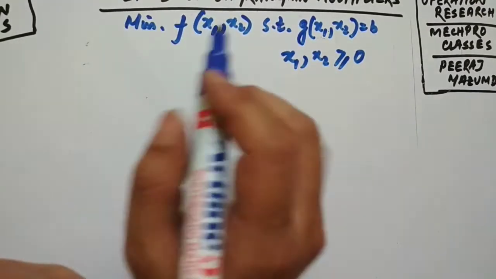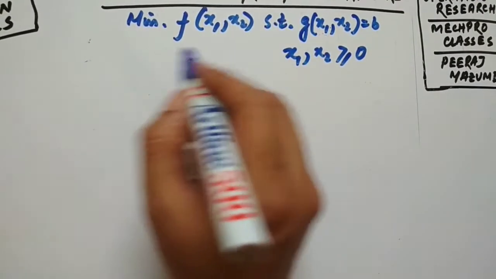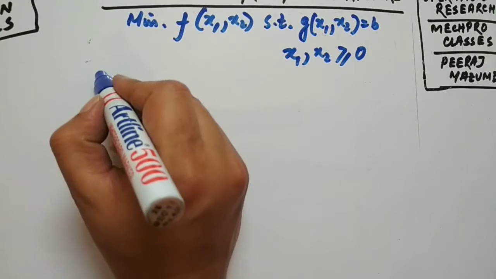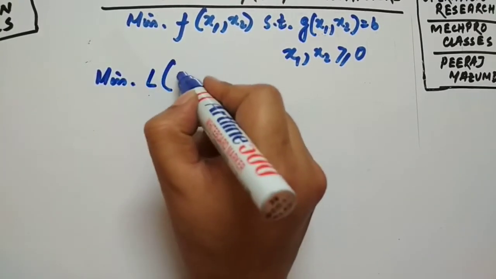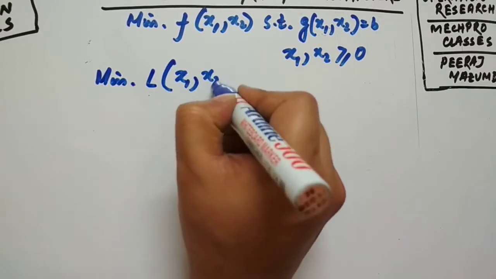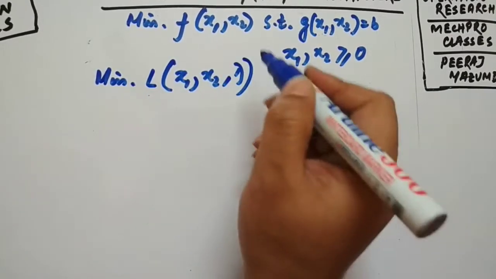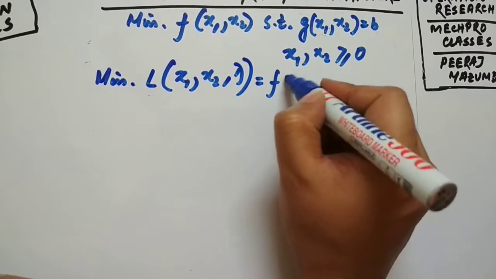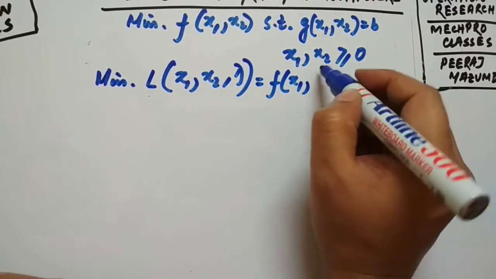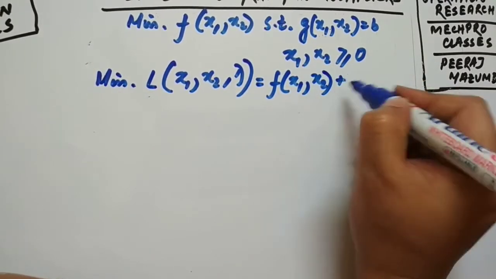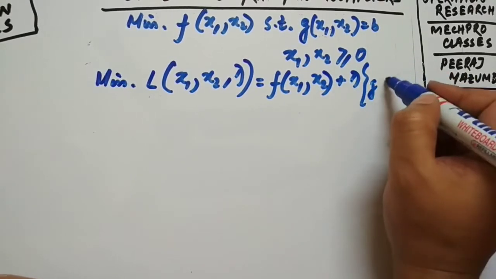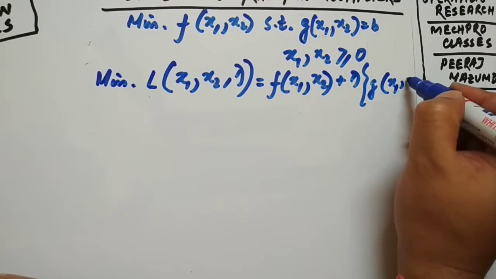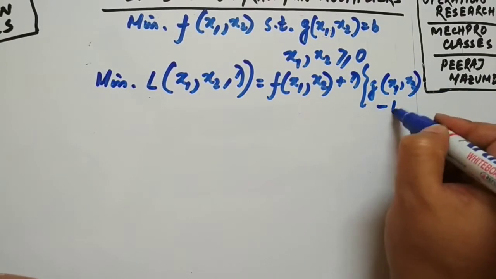Now let us see how to convert it. This can be written as: minimize L(x1, x2, lambda) equal to f(x1, x2) plus lambda times (g(x1, x2) minus b).